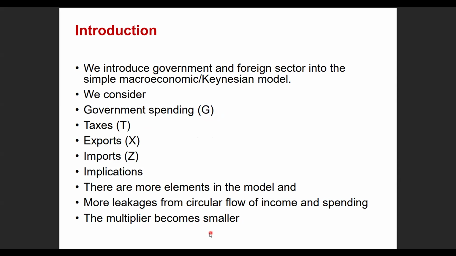And the formula to calculate the multiplier, you know this one from the two sector model or simple Keynesian: 1 divided by 1 minus small letter c for MPC, or 1 divided by MPS. You also know that the larger the MPC, the larger will be the multiplier. That's what you know for now.